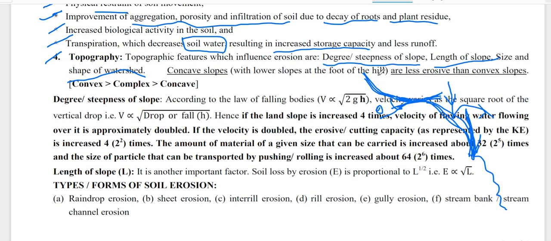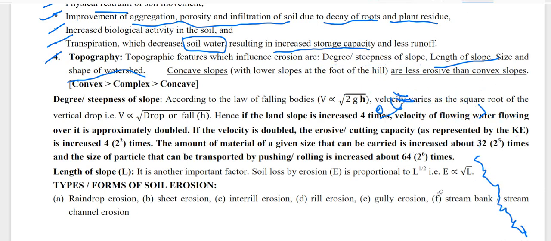But if rainfall occurs here, it will detach a little soil particle, and it will come down here for deposition. Here it is very much detached. Now this is the complex one, convex and concave both are there. So what is happening is, the convex has much erosion, concave less, and in between is the complex.